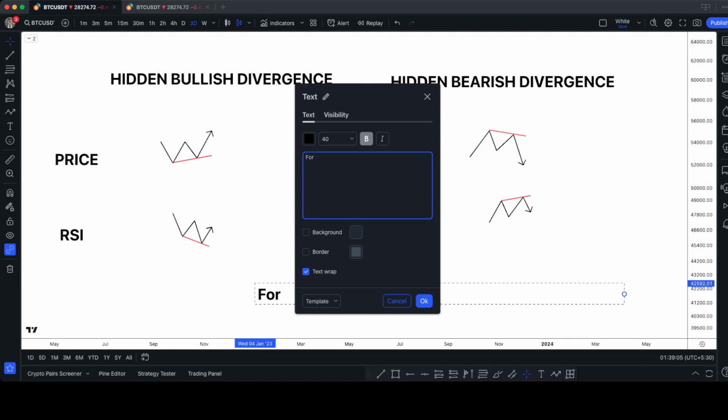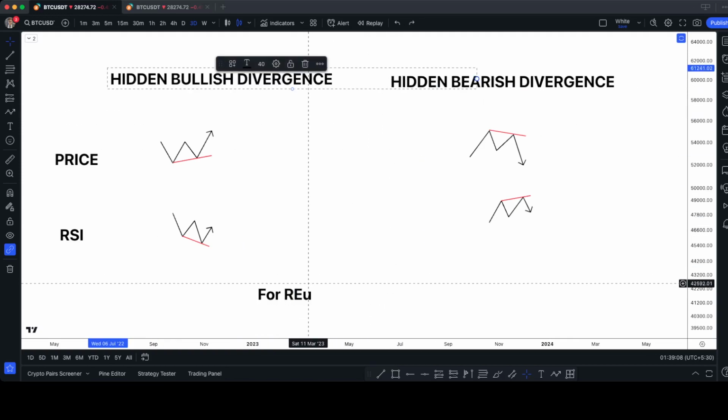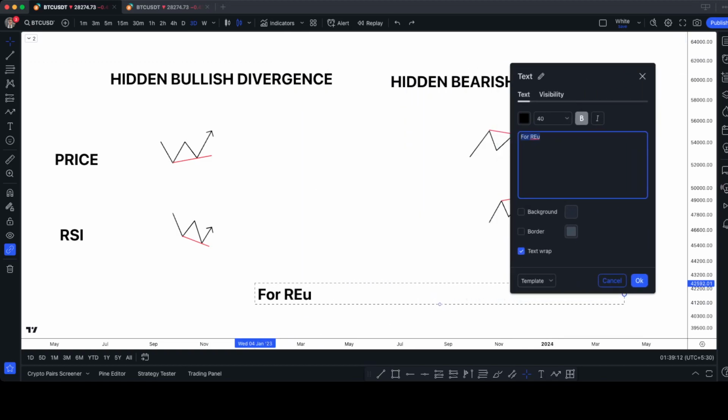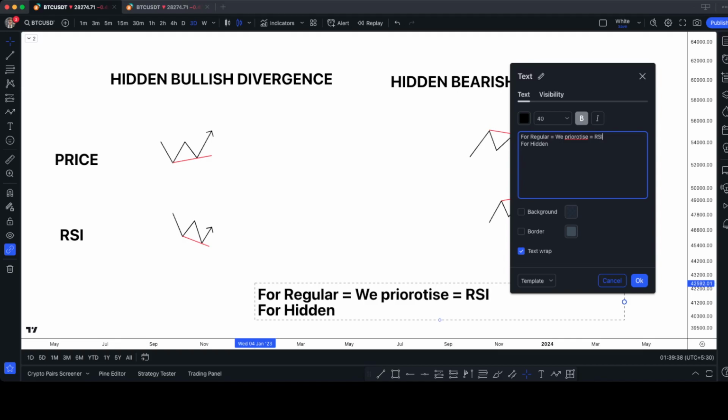So for regular, and for hidden. Now for regular, we prioritize RSI, and for hidden, we prioritize price.